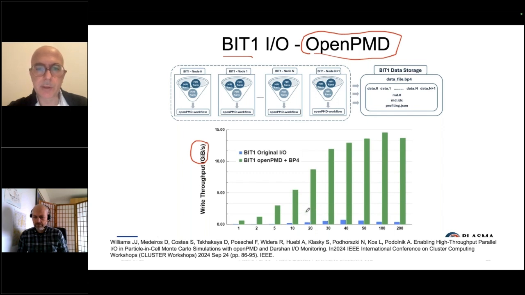The blue ones are the original I/O in BIT1, and the others are the results of using OpenPMD in BIT1. So you see that we are going from roughly 1 to 10 or so. We are basically obtaining two orders of magnitude performance improvement.